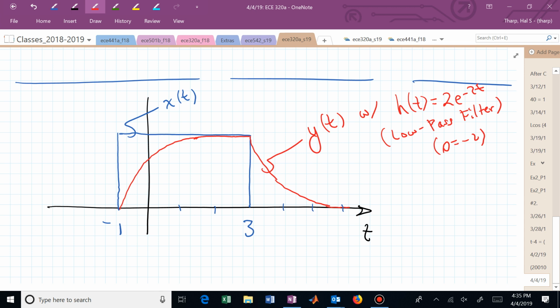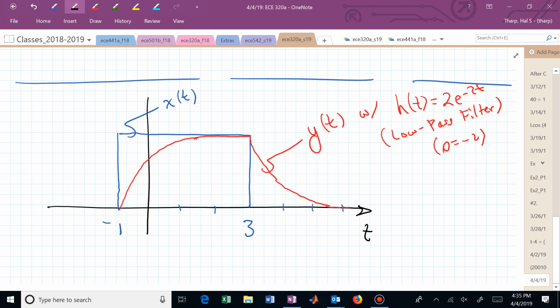Show of hands. Who's brave enough to answer? So you pass higher and higher frequencies with a low-pass filter of 10 versus a low-pass filter of 2, which means we should not round as much as we did with the red. So it's really going to be closer to the blue, let's say.